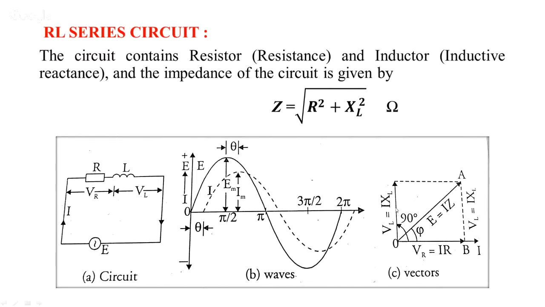So here that is why the voltage is shown to be at an angle of 90 degrees with respect to current. But the circuit considered here is a combination of resistance and inductance. It is neither a pure resistive circuit nor a pure inductive circuit. So it is a combination of both. So we will have to take the resultant here. So when we take the resultant, OA is the resultant, which is equal to E, given by E equals I into Z.